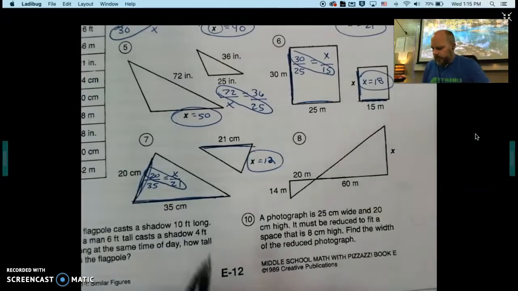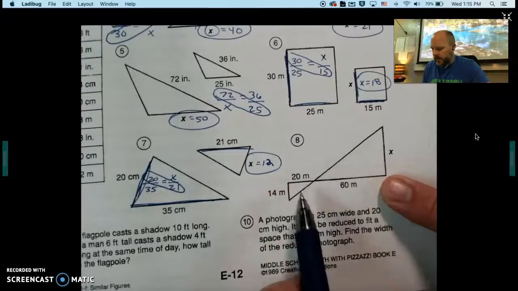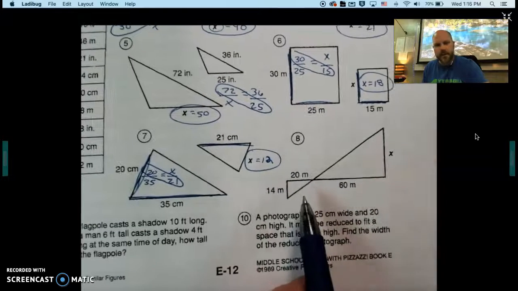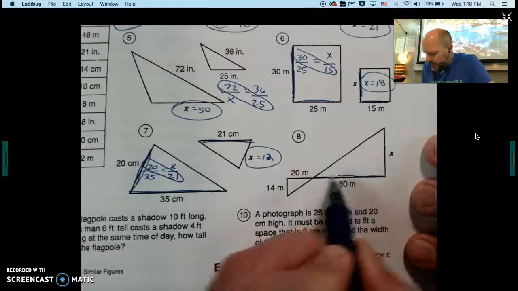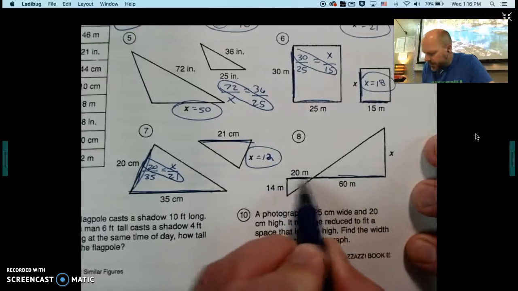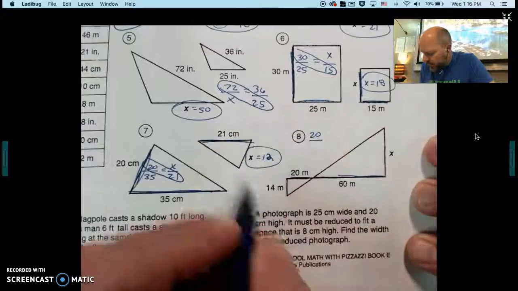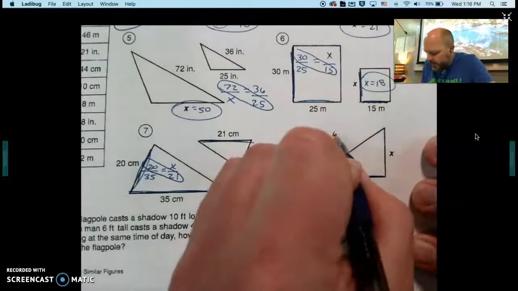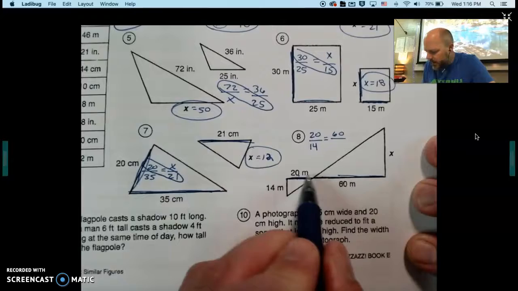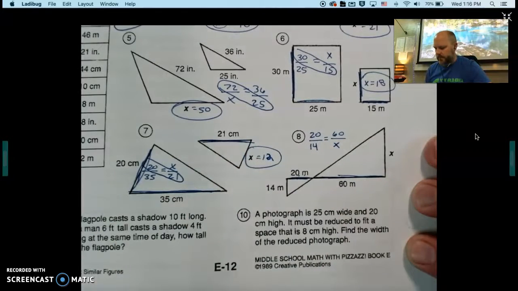Okay, now this one we did in class also, and this little triangle is kind of flipped, okay? So this 60 actually corresponds with that 20, okay? So I'm going to set up my proportion, 20 over 14, and 60 goes on top because that's the corresponding side with 20, over the x, okay?